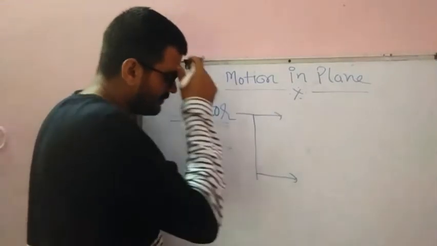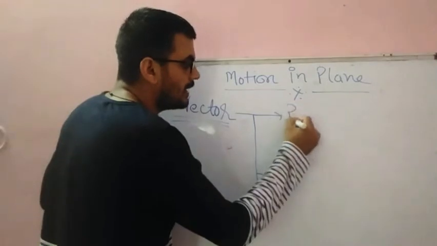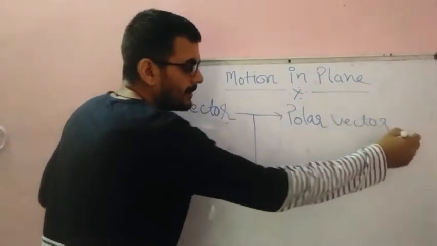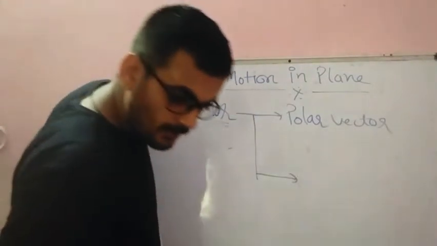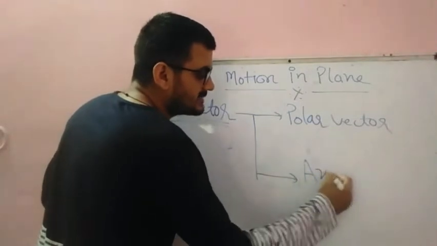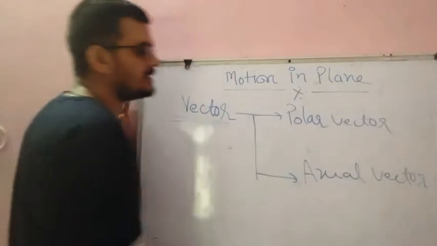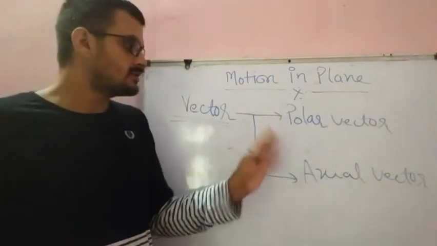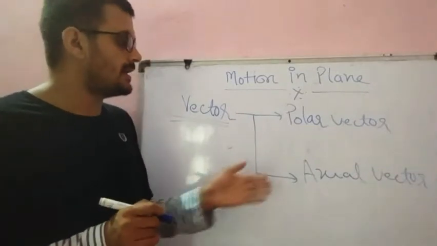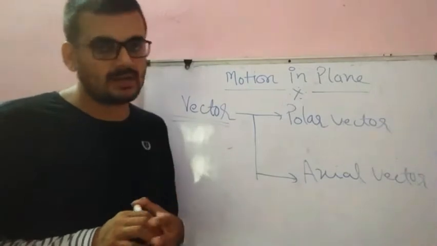The first is the polar vector, and the second type is the axial vector. Very easy, no problem. First we will understand the meaning of polar vector, then we will understand the meaning of axial vector.